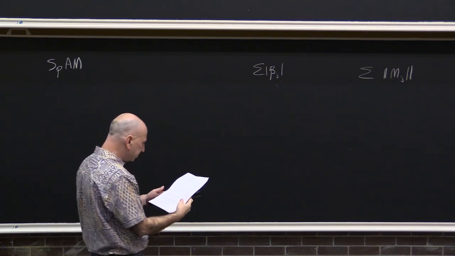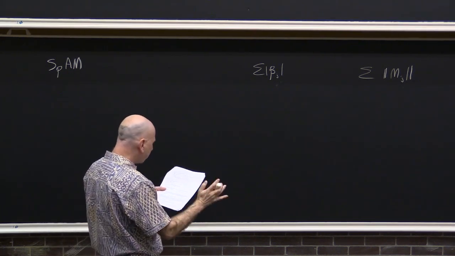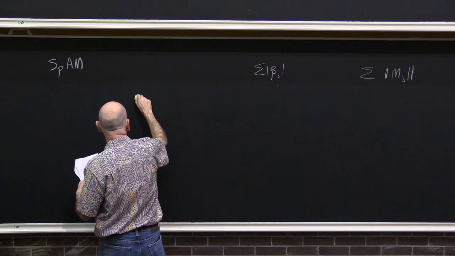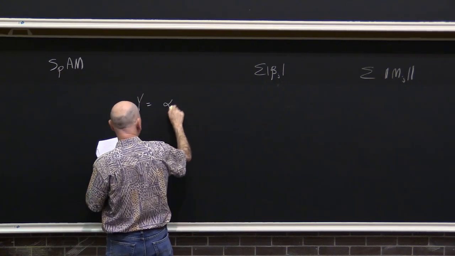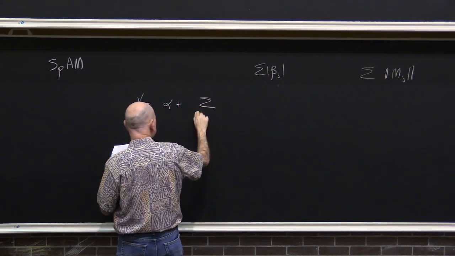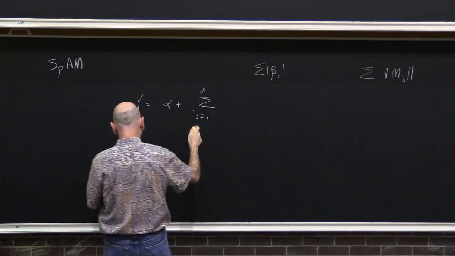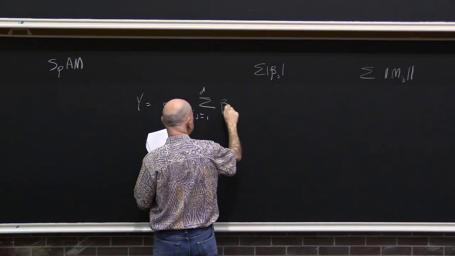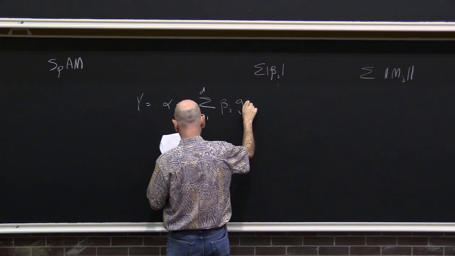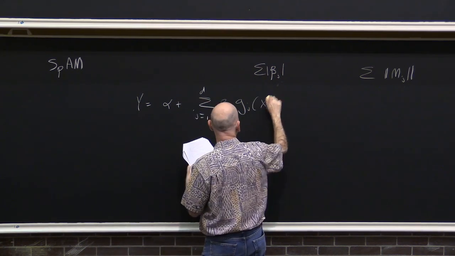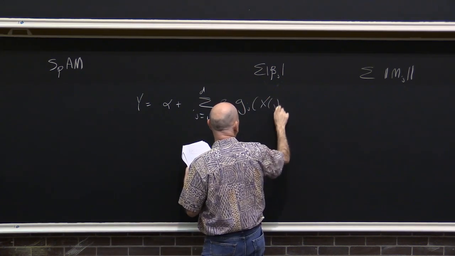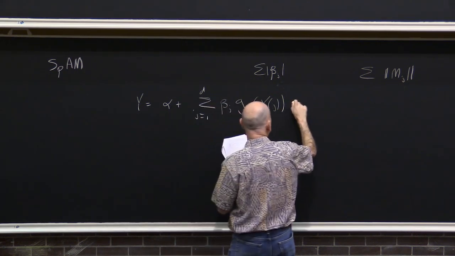There are different ways of writing this. The way I wrote it in the notes was, we write down again a working model, sum over j equals 1 to d of functions. I switched from m to g for some reason, so I'll follow the same thing here.